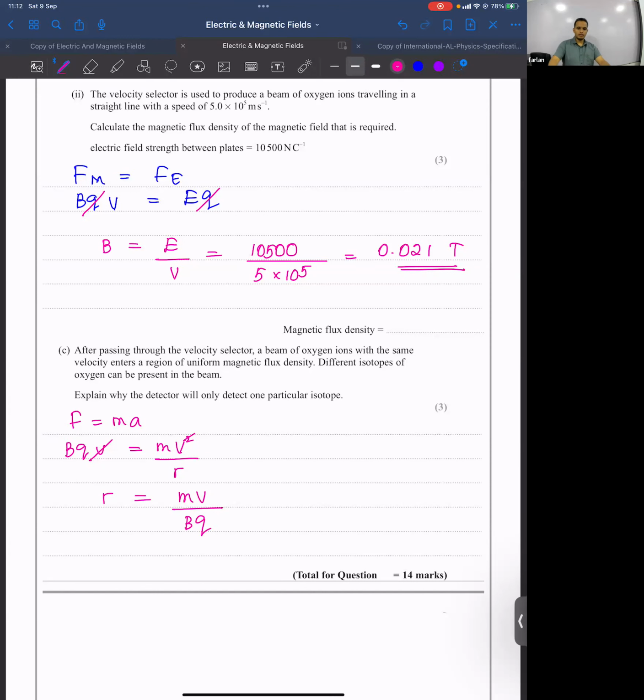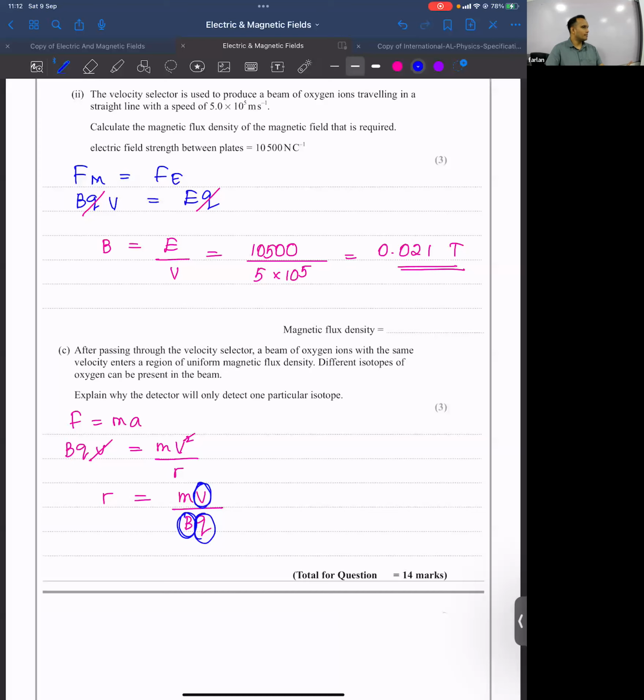Now, if you take particles of different isotopes, they have the same speed. They're all moving at the same speed. They are in the same magnetic field. They have the same charge, but their masses are different.